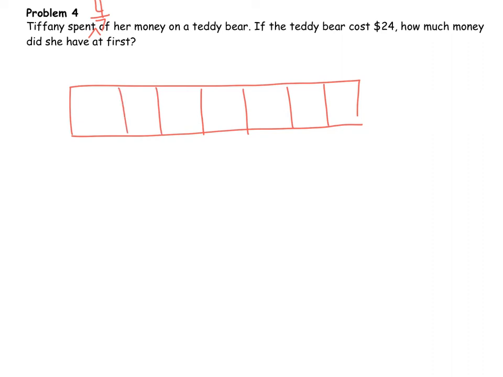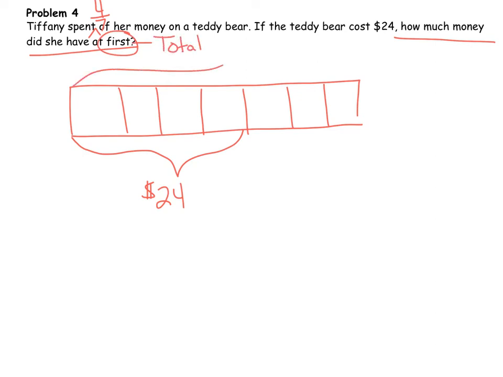All right. So I have my 7 groups. I know that 4/7 of them equals $24. How much money did she have at first? So based on my first, I know that means my total. So I don't know that. Question mark.